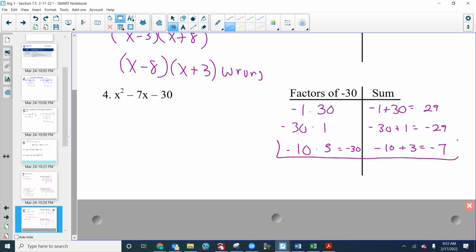Our numbers are going to be negative 10 and positive 3. So Matthew, you put what? Parentheses, x plus 3, parentheses, x minus 10. Can you put x minus 10 in the first set of parentheses? It really doesn't matter. That is correct.